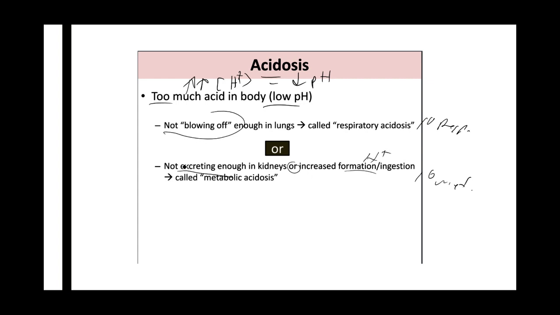If you can't excrete, some of it might be reabsorbed into the blood, or there can be increased formation or ingestion, and that can be anywhere, not just in the kidneys.